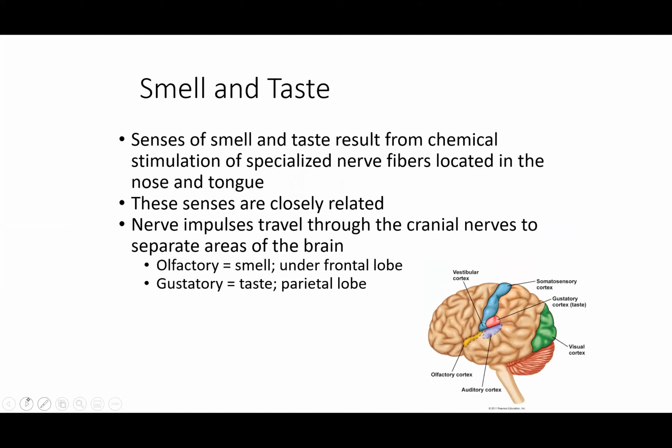Sense of smell. This is a chemical reaction that takes place, largely involving cranial nerve 1, the olfactory nerve.